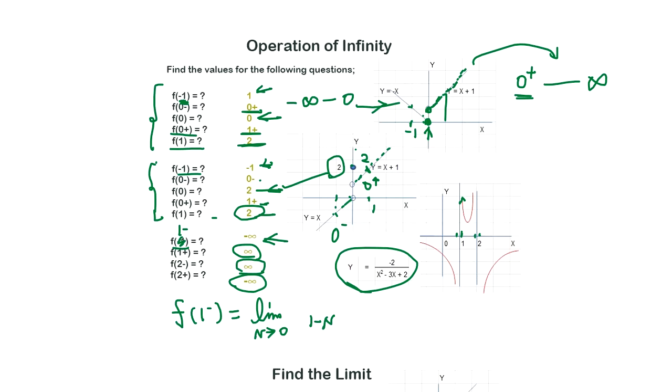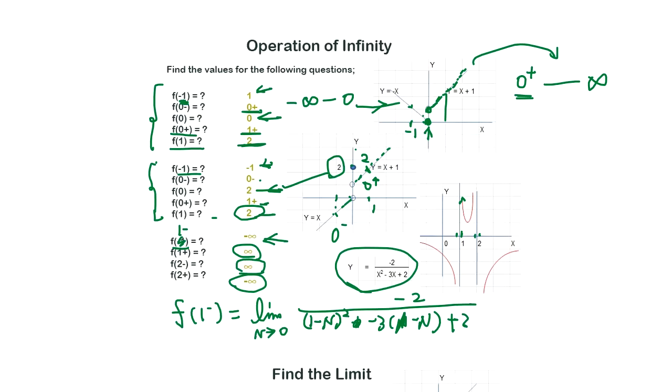Oh, n can be 0 or infinity, whichever, right? Plus minus 3n, 1 minus n plus 2, over negative 2.